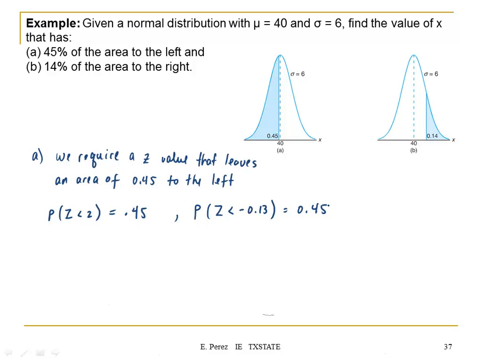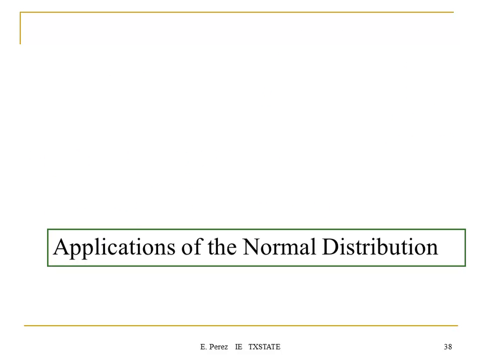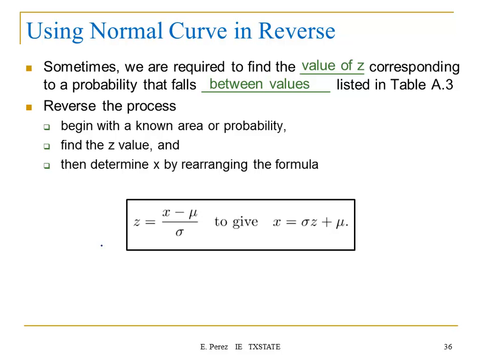So now we can find X. X will be equal to sigma times the value of Z plus mu.